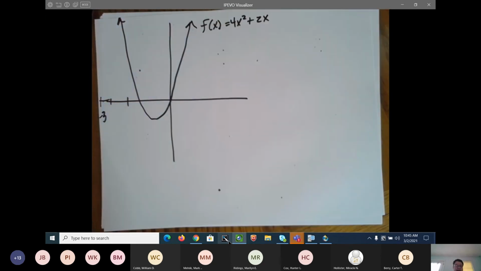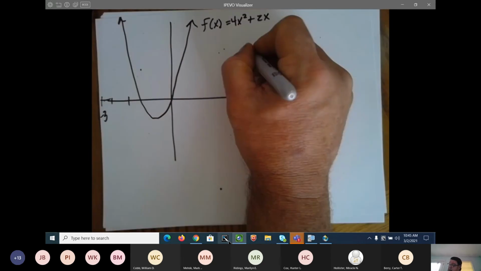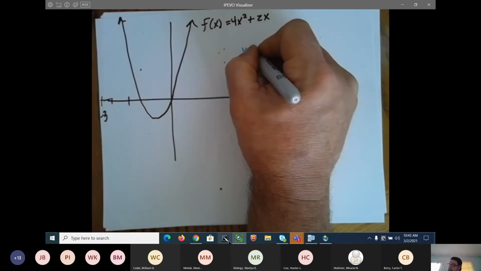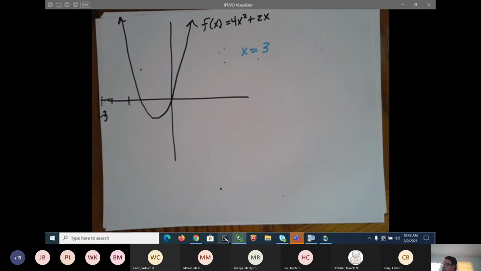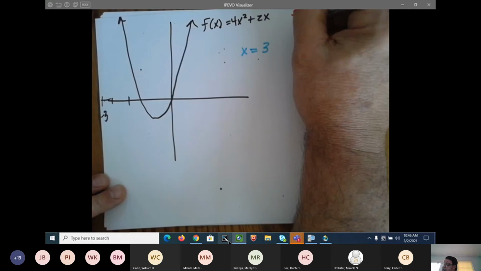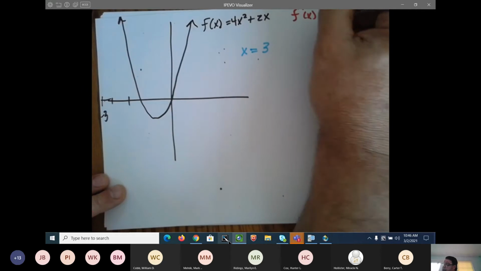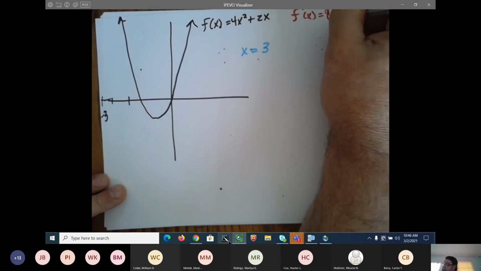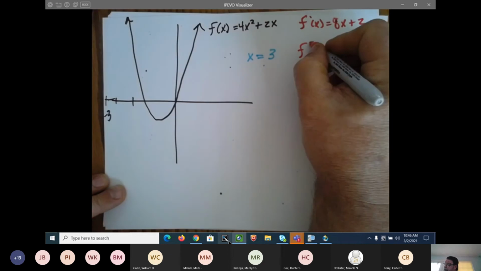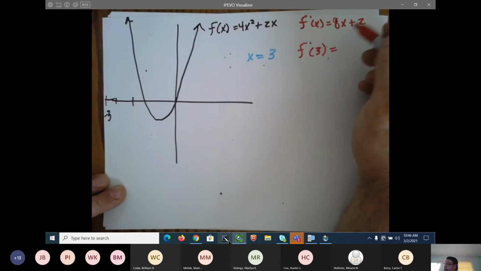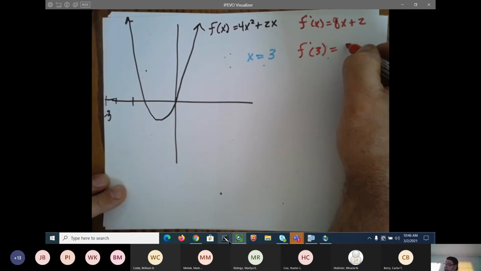So what about at x equals 3? I'm going to do a red: f prime of x is equal to 8x plus 2. Therefore, f prime of 3 is equal to 24 plus 2, which is what? 26, Hubert.